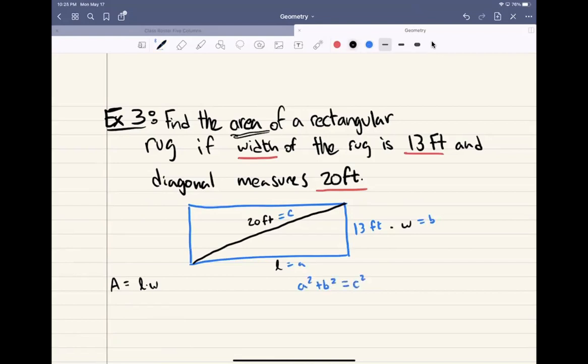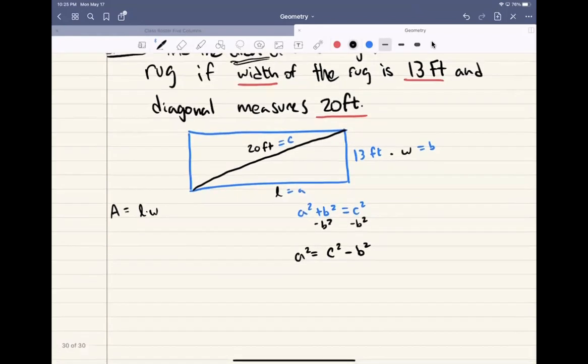We're looking for A, so we subtract B squared from both sides, and you're going to get A squared is equal to C squared minus B squared. You're going to want to take the square root of both sides, and that gives you A is equal to the square root of C squared minus B squared.